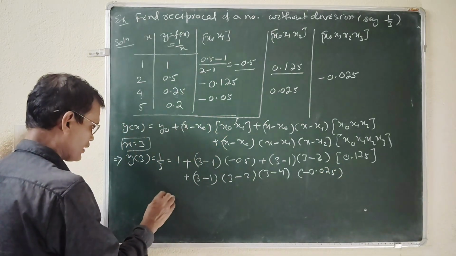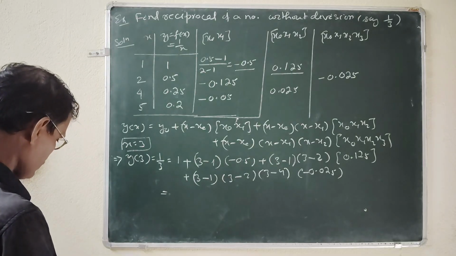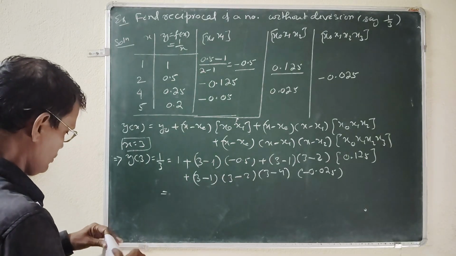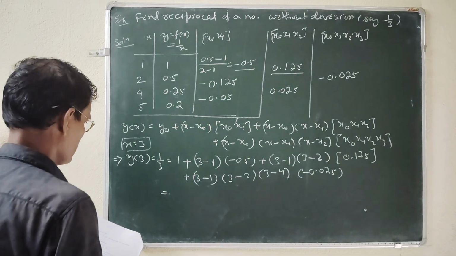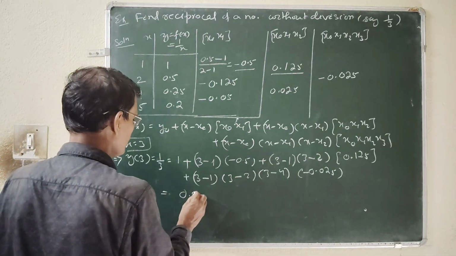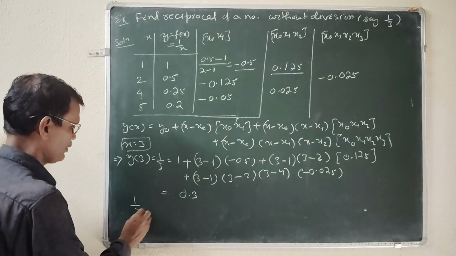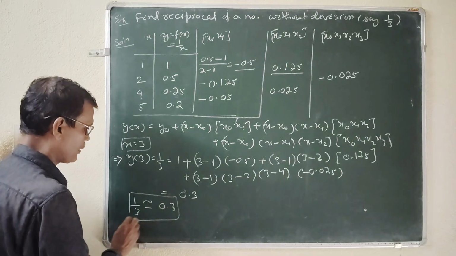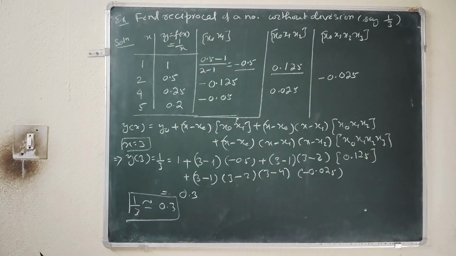If we calculate, we will get the result 0.3. That means the approximate value of 1 by 3 is approximately 0.3, which we found by using Newton's divided difference interpolation.